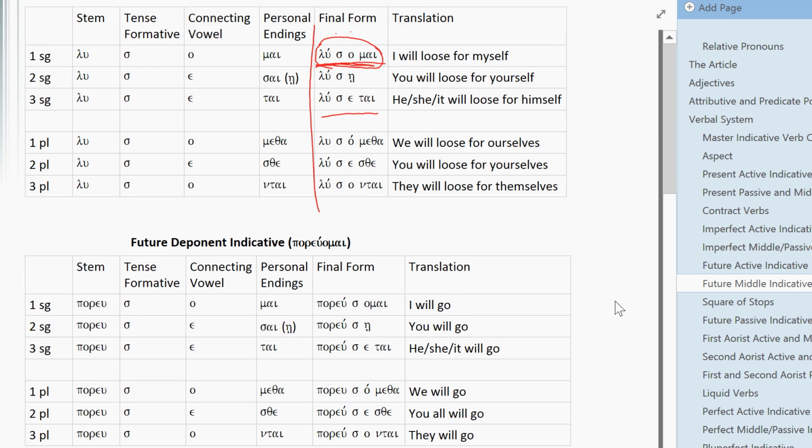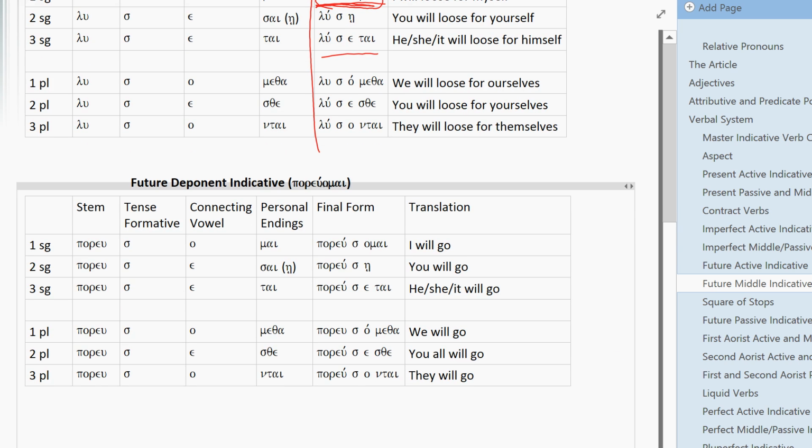Now going down to the future deponent, deponent forms go here because they're middle forms with active meanings. As we said before, we had a caveat. Remember the deponent form, some people don't like to use that terminology anymore, but I'm using it here in these videos for convenience's sake. So notice πορεύομαι means to go, usually to go, it could mean to come.